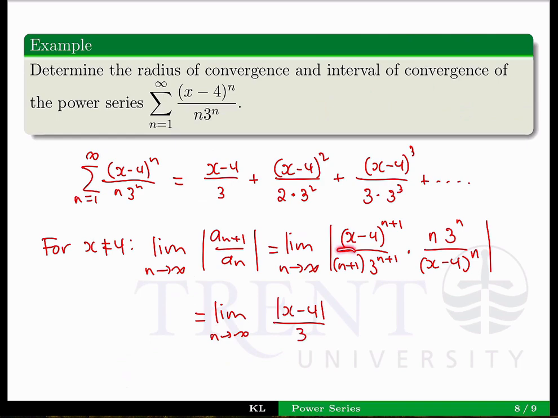But these two here will not cancel each other, so it's just n over n plus 1. But as n approaches infinity, this will go to 1. So we will have here the absolute value of x minus 4 over 3.